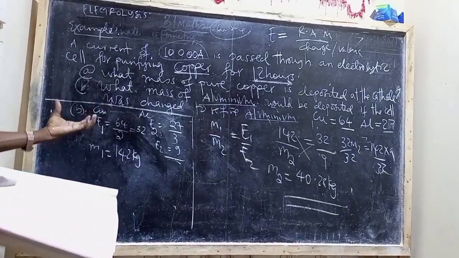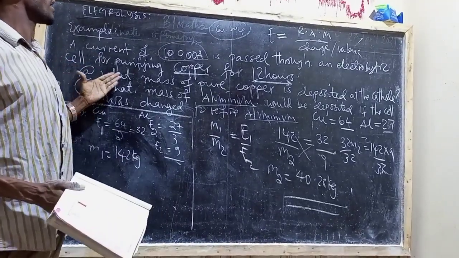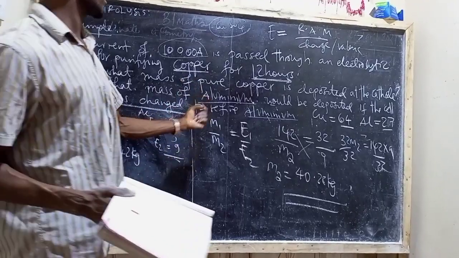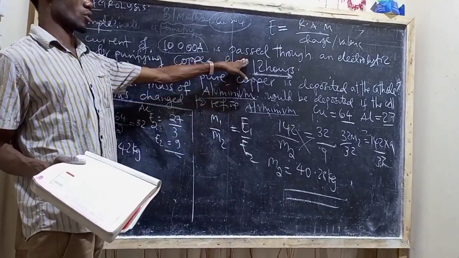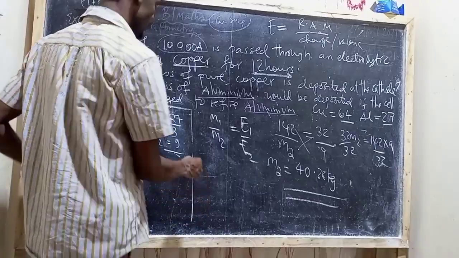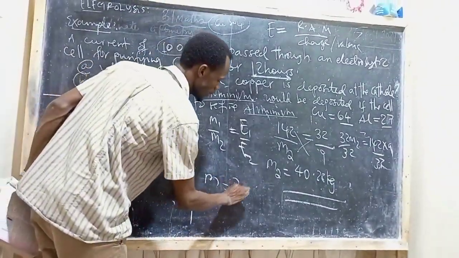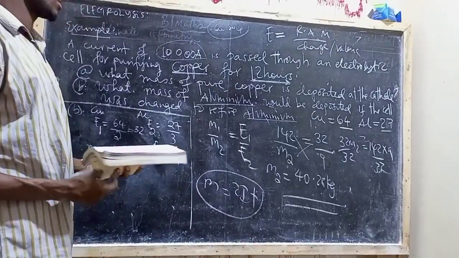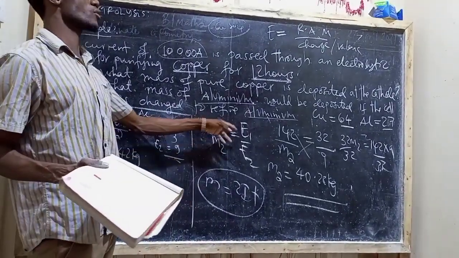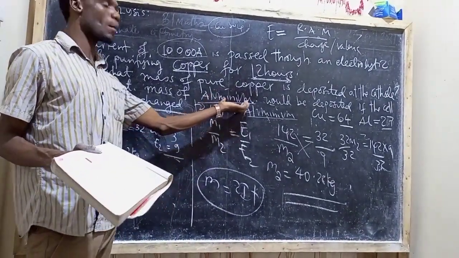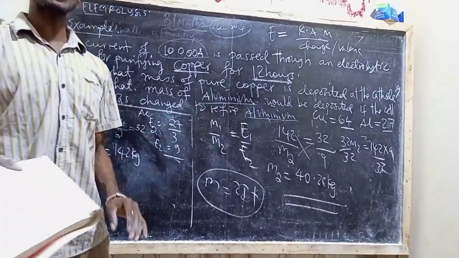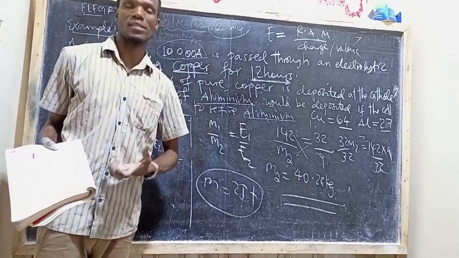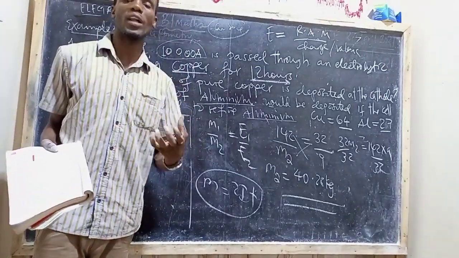Why is it so? As I said before, if you are talking about a single electrolyte, then we use the first Faraday's law, where M is equal to ZIT. But once it refers to different electrolytes, we use the second Faraday's law, because it is applicable for different electrolytes having the same quantity of electricity.